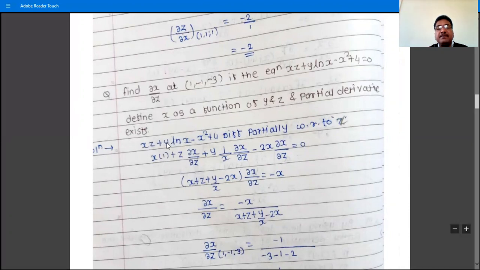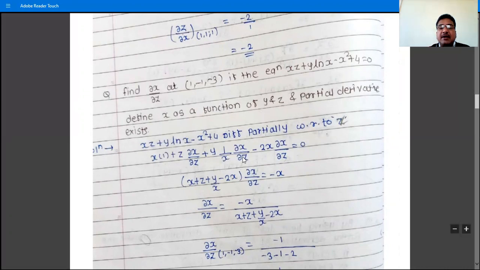Plus y with respect to z: y is constant, since y and z are independent. And the derivative of log x is 1/x into ∂x/∂z, because ln x is a function of x.